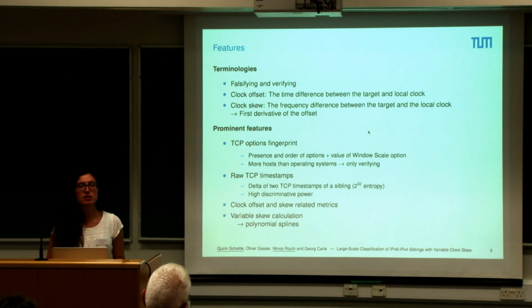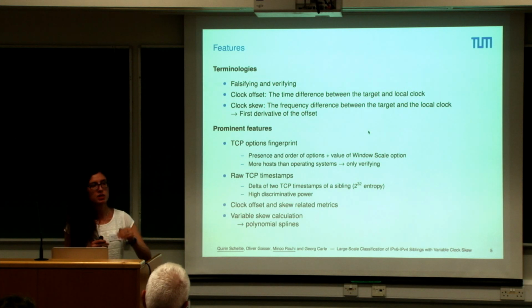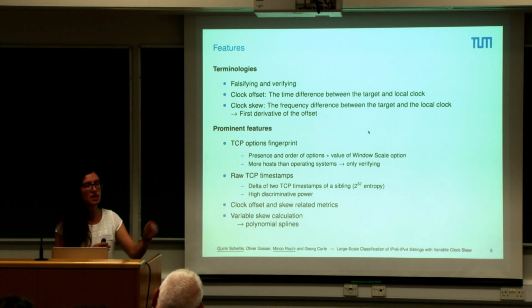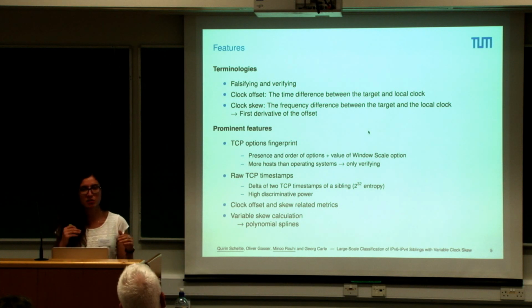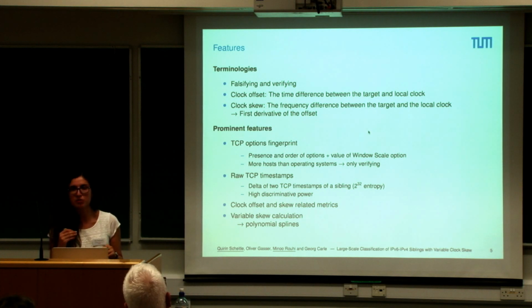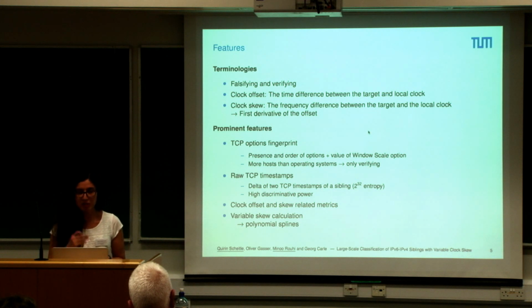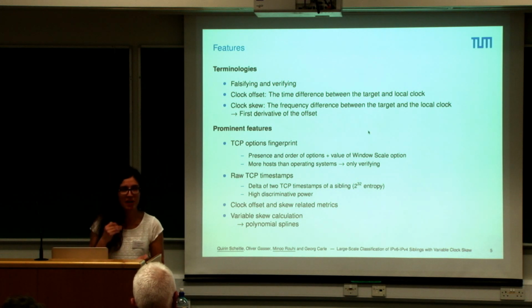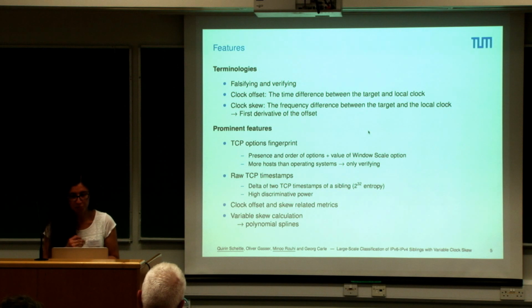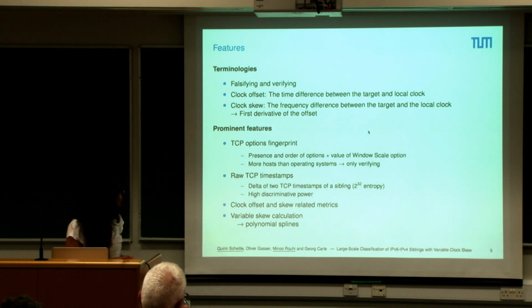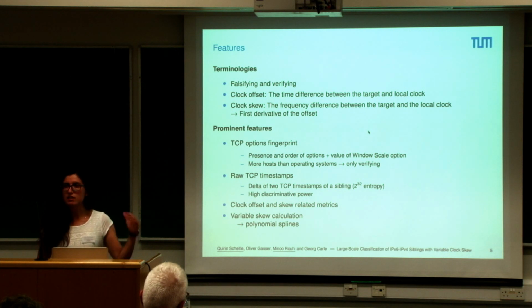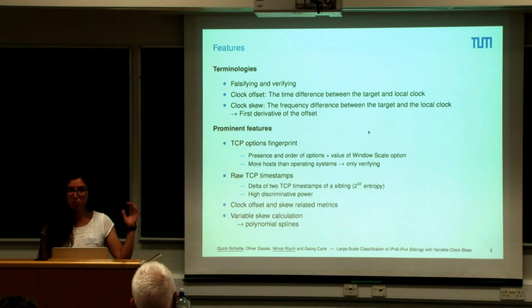The first one is the clock offset, which is the time difference between the remote clock, the targets that we are probing, and the reference clock, which is the notion of time of our prober. This is computed by getting the TCP timestamp and also the receive timestamp from the packets that we get back from the probe. Then we compute the skew, which is the frequency difference between the targets and the reference clock, and it's the first derivative of the offset points.